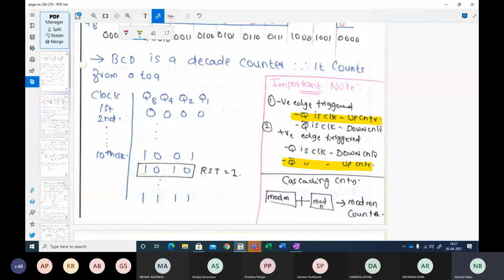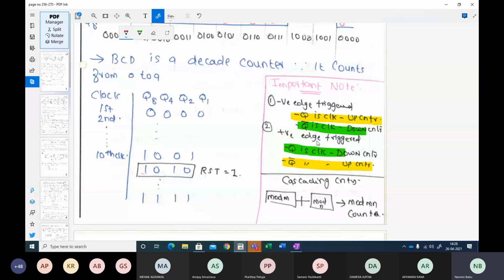If you want to perform a down counting, and if you want a negative edge triggered flip-flop, then your Q bar must be connected to the clock. You want a positive triggered flip-flop and you want a down counting, connect your Q to your clock. Okay, so this is one important note.